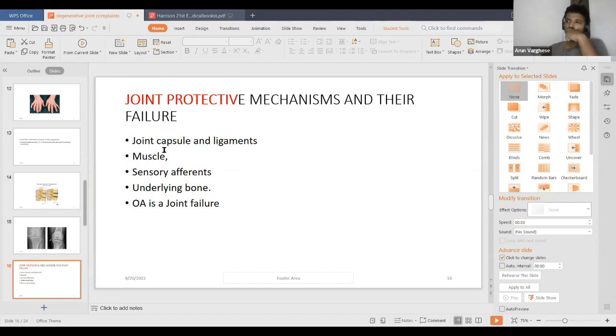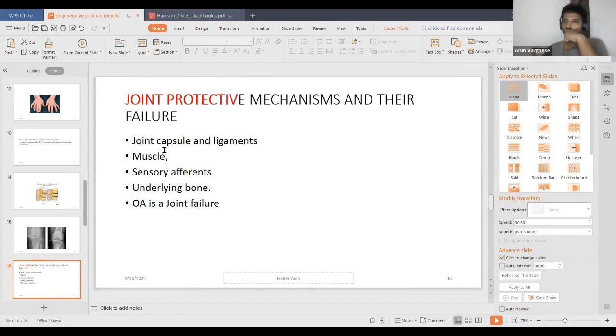Like we have mentioned earlier, for a person to develop osteoarthritis, the knee has to have something physiologically or pathologically abnormal in its structure.